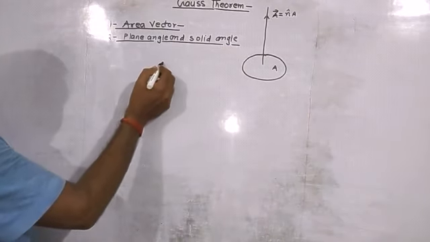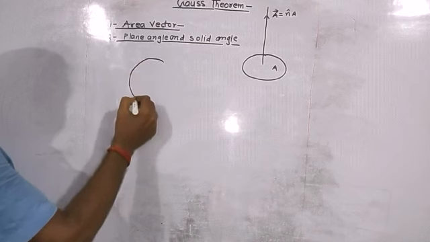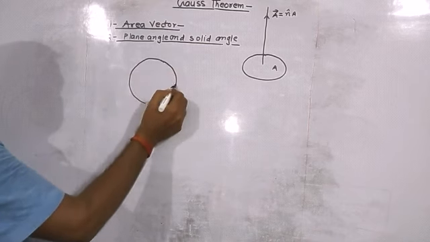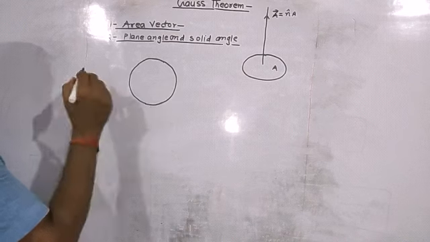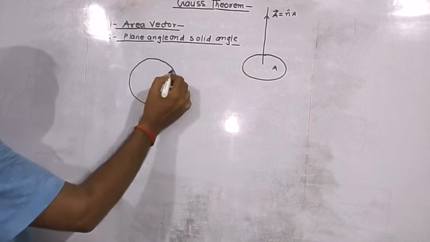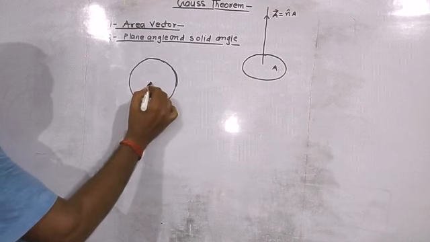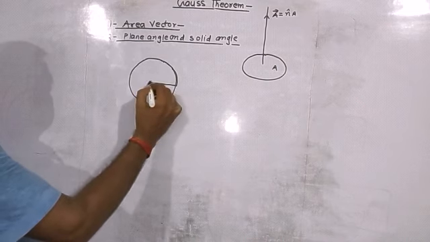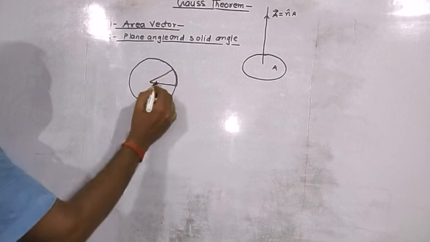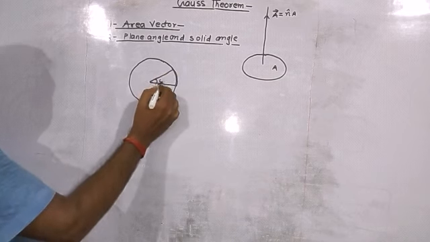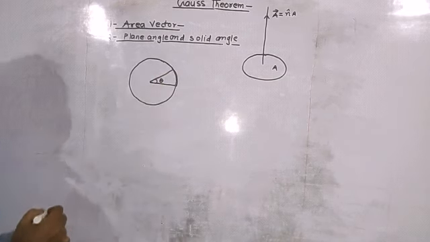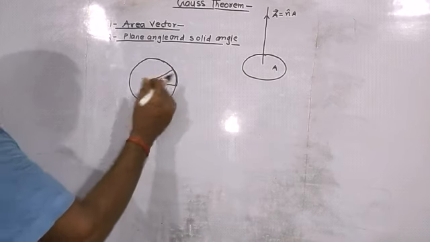Suppose in this case we have taken any kind of circle, in which the arc of the circle subtends some angle at the center. Suppose this is the angle theta. Then this is called the plane angle.